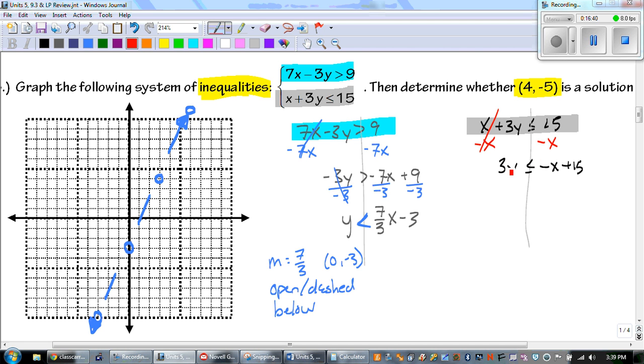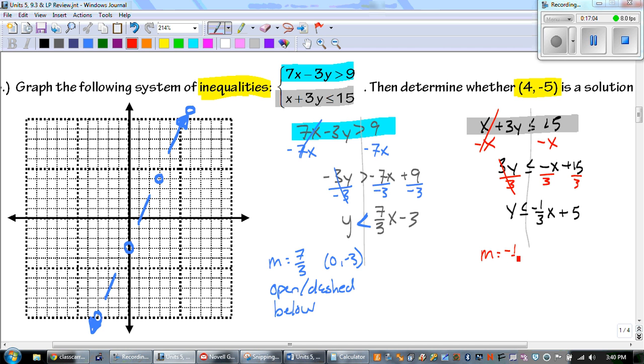And to get the y by itself, we need to divide. So we get y is less than or equal to negative 1/3 x plus 5.